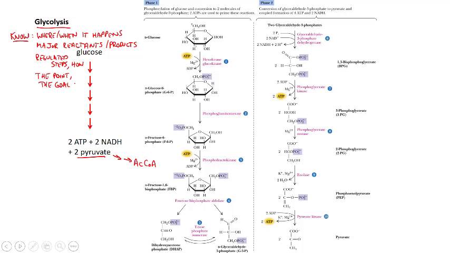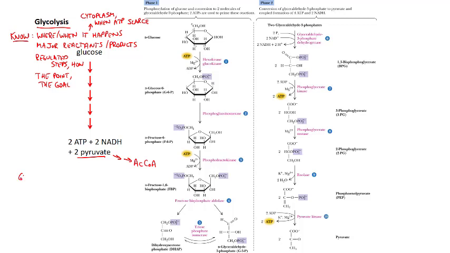So glycolysis, where and when does it happen? It happens in the cytoplasm of all cells, and it happens when ATP is scarce. Major reactants and products are given on the slide.